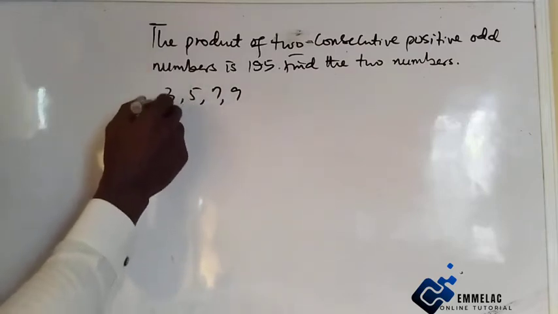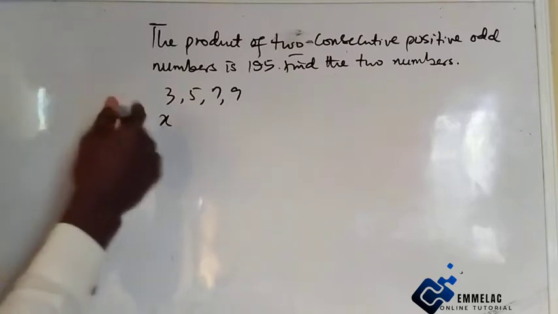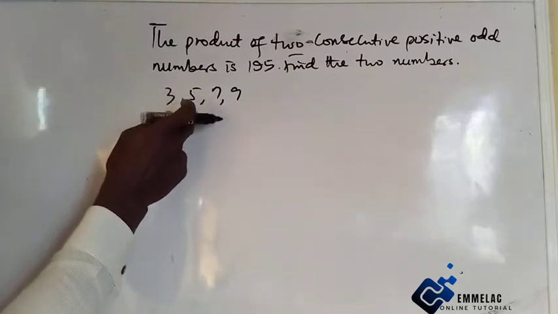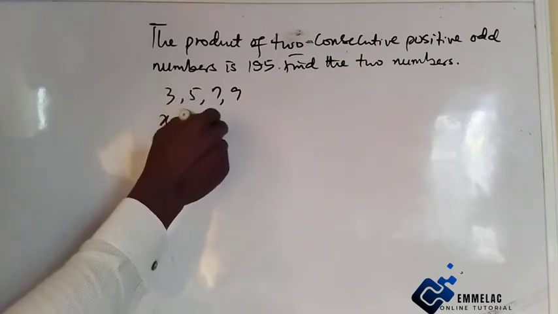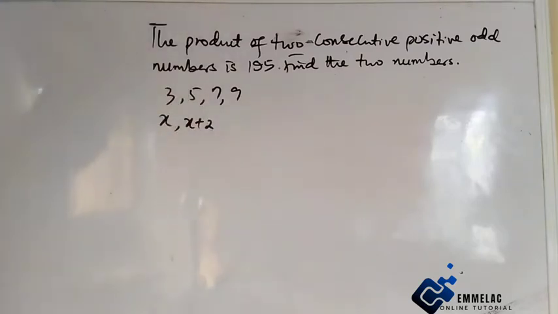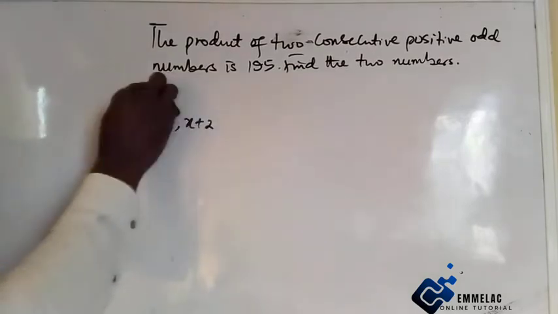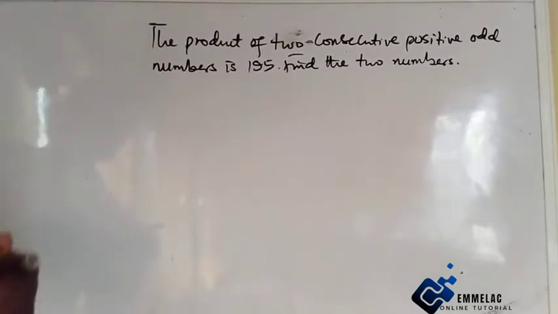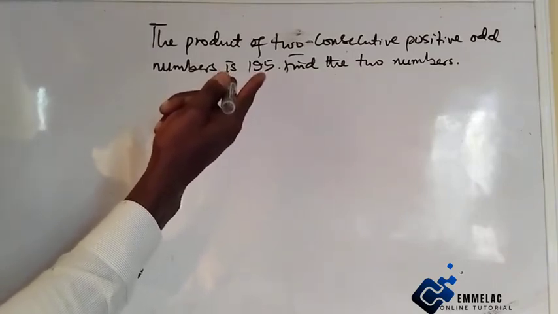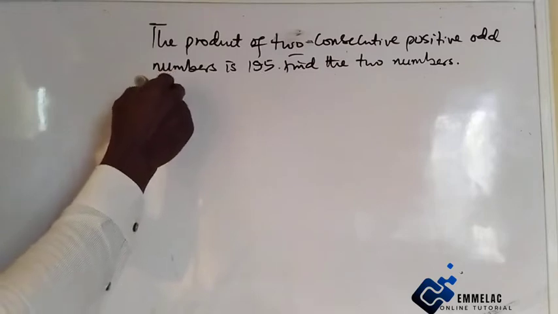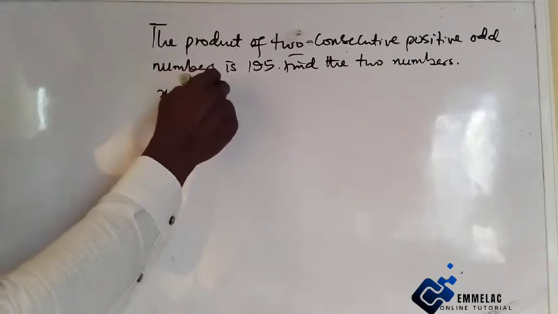Let's assume that 3 here is x. So the next consecutive positive odd number will be x plus 2. So let's say that the two consecutive positive odd numbers are x and x plus 2.